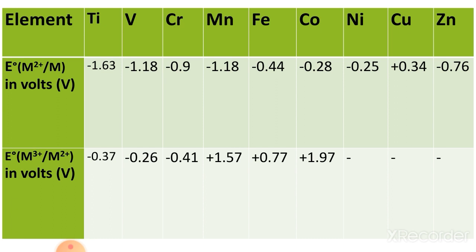That indicates the more positive the value, the more oxidizing the nature. So Mn3 plus is more oxidizing due to the more positive E naught value. Hence, it wants to live as Mn2 plus. This is due to the d5 configuration.